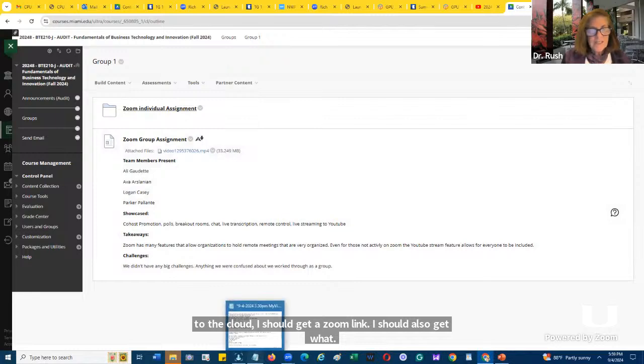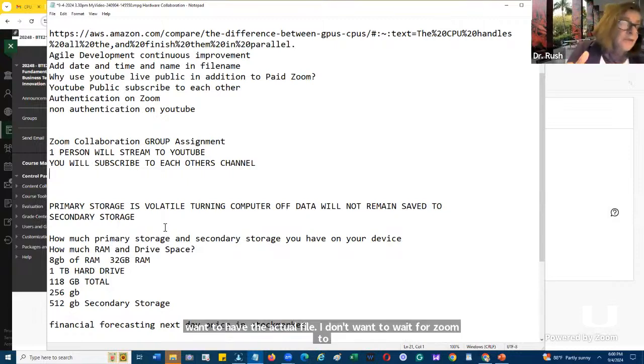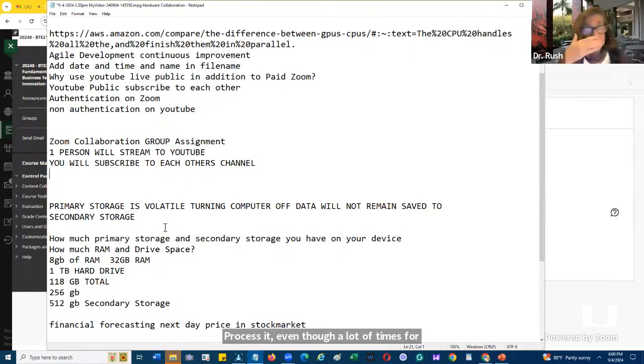So I should see that you tried out, and then you discuss what is the difference. Are there times when I just want to record to my computer? Yes. I want to have the actual file. I don't want to wait for Zoom to process it, even though a lot of times it's an advantage for Zoom to process it, because then they can make my transcripts separate. There's a lot of advantages to it.